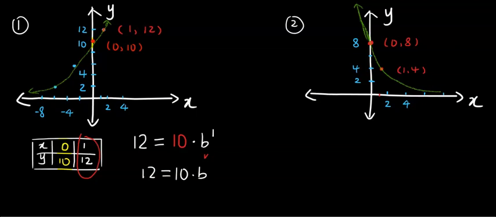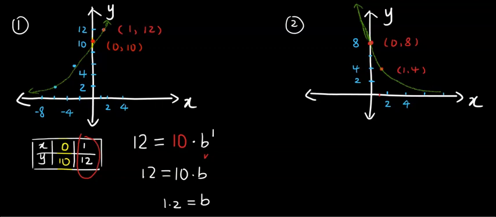Now it becomes a very simple one-variable equation. Can we solve for b? Yes, we're going to divide by 10 on each side. So it gives us b is 1.2. It's a little bit crowded here. That's okay. I'm going to erase this step and we say b is 1.2.